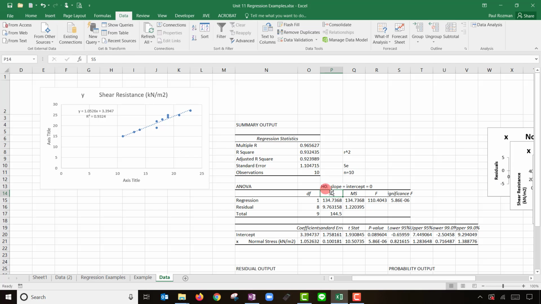That's the null hypothesis here. So we would like to reject this null hypothesis in order to have any faith in our model. And in this case, you get a p-value of 5.86 times 10 to the minus 6. So we would reject that.